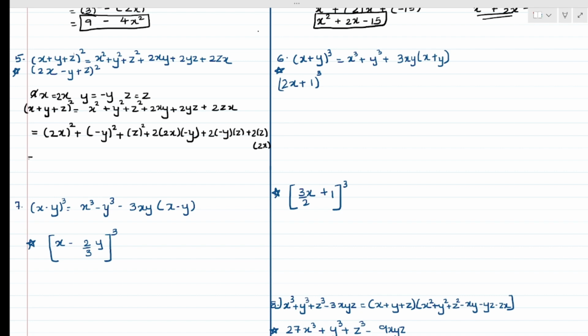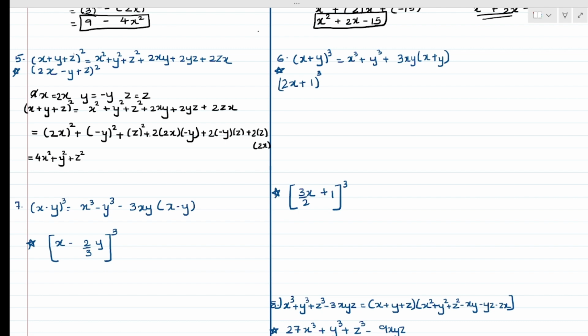So solve this. 2 times 2 means 4x square. Now as you can see, you have an even power, and as we have seen in earlier videos, whenever there is an even degree, negative signs disappear. That means minus becomes plus. So you will get positive y square plus z times z, that means z square.